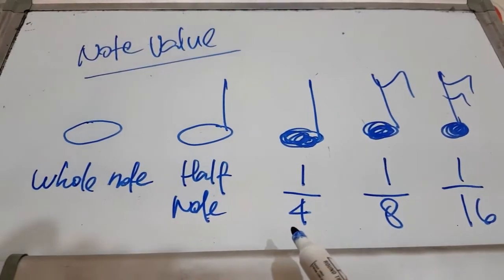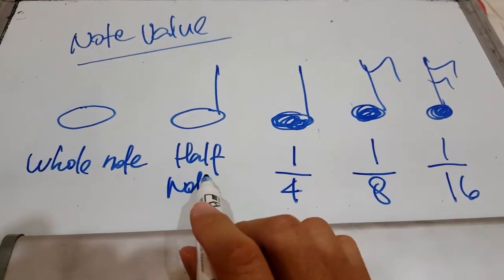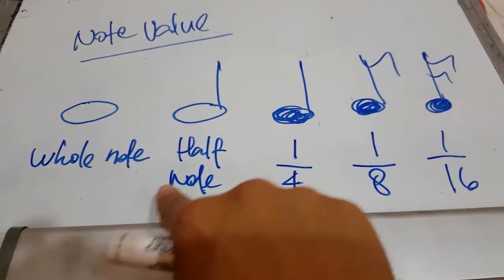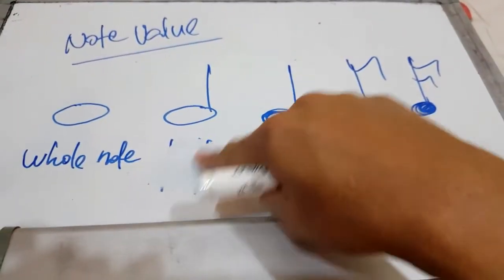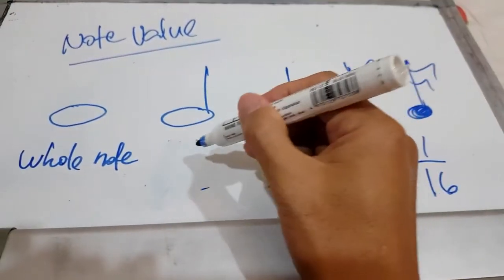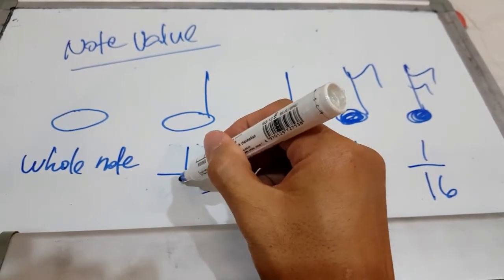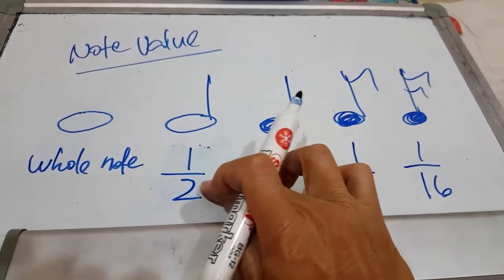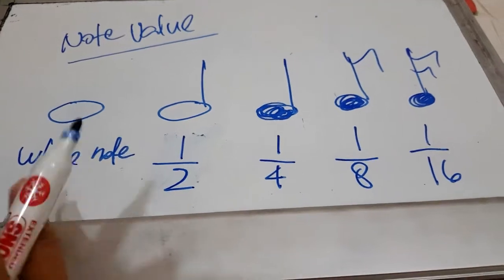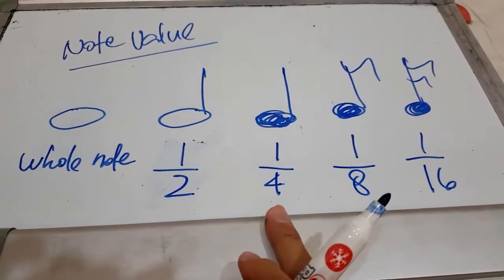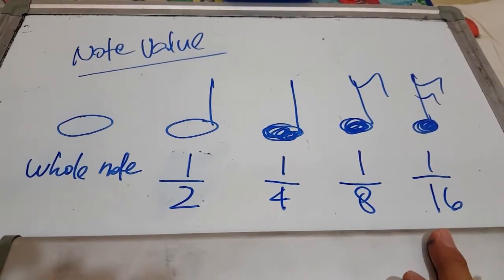So you can see here, this is a half note. Let me just write this as this. Whole note, half note, quarter note, 8th note, 16th note.